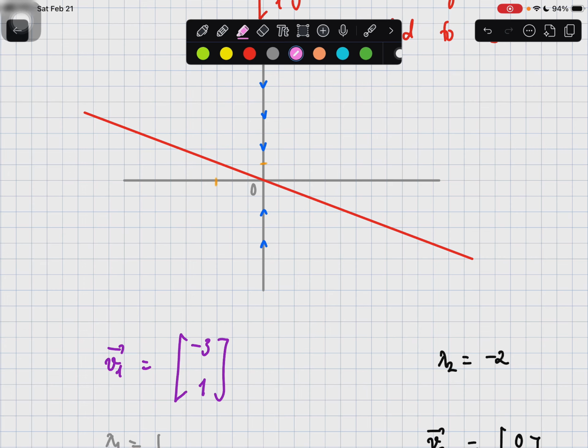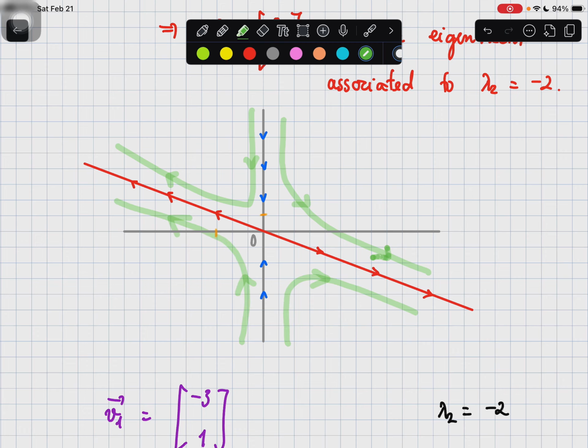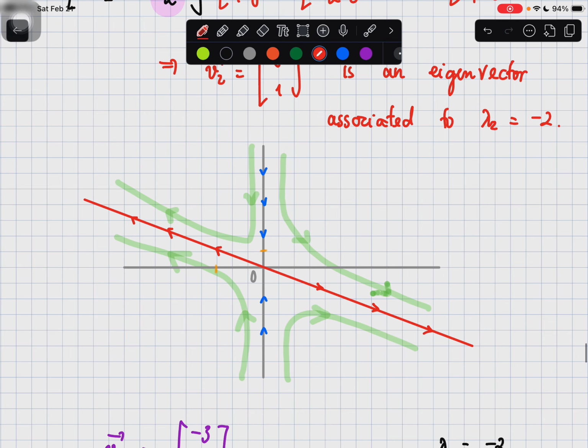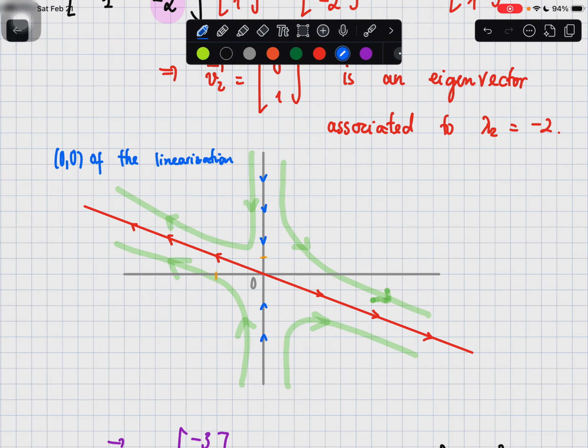I sketch a few lines and go outward on the red axis. Go in and then out. This is what happens near the origin of the linearization. And the global picture we will draw at the end.